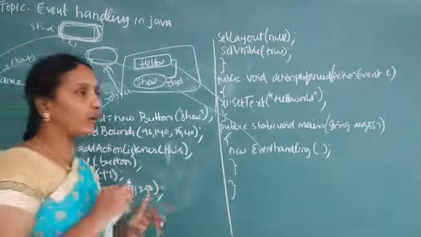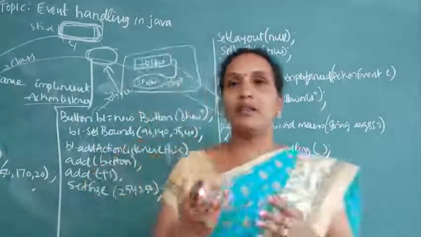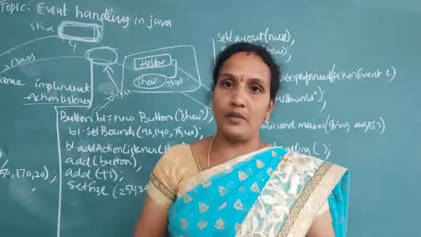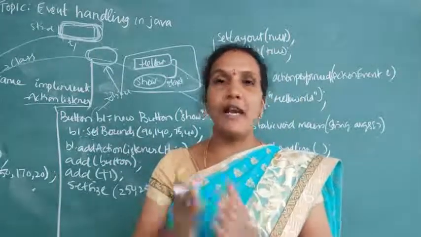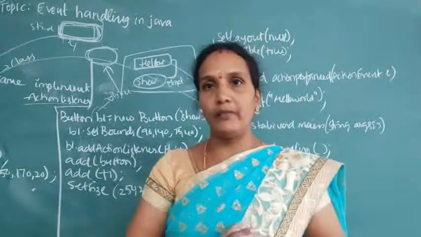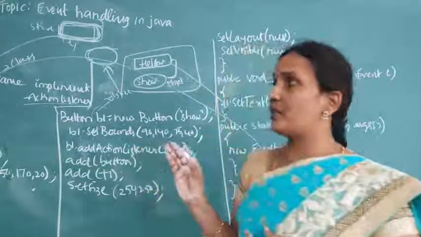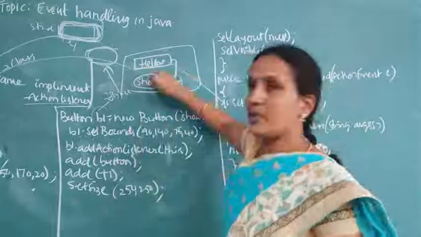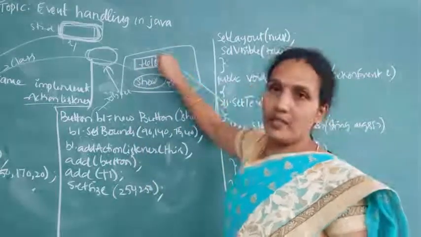Okay, after registering only, that action, whenever you register with the interfaces, it performs some action. That is nothing but it will handle the event. What should be done when you perform an event? So this is about event handling. Okay. So you are clicking on this is an event. You entering a text is an event.